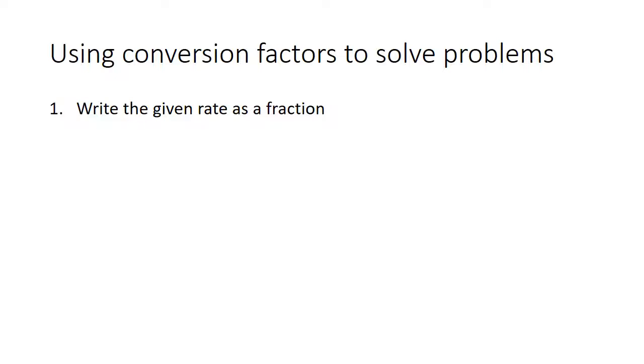When we do this, you're going to be given a certain rate, and I want you to take that rate and write it as a fraction. So remember, a rate is two quantities that have different units, and we'll write it as a fraction. And then we are going to multiply that fraction by a conversion factor.